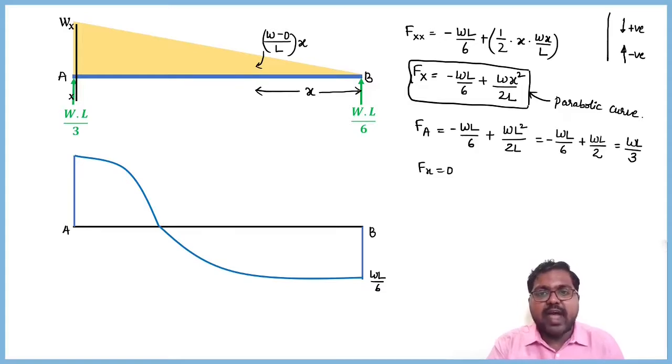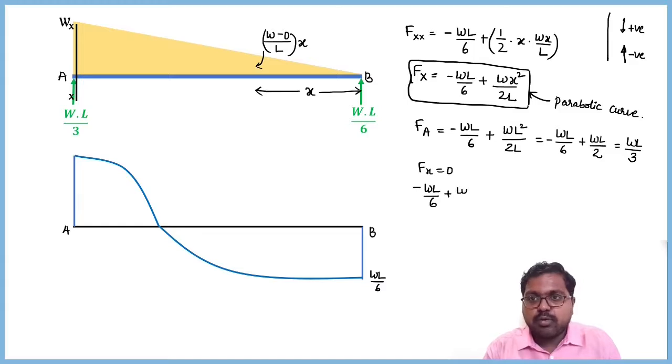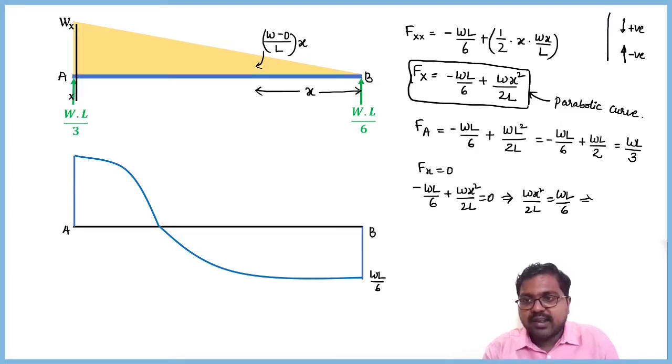From that I will get the value of x: minus WL by 6 plus Wx square by 2L equal to 0, which gives Wx square by 2L equal to WL by 6, where x square equals L square by 3.